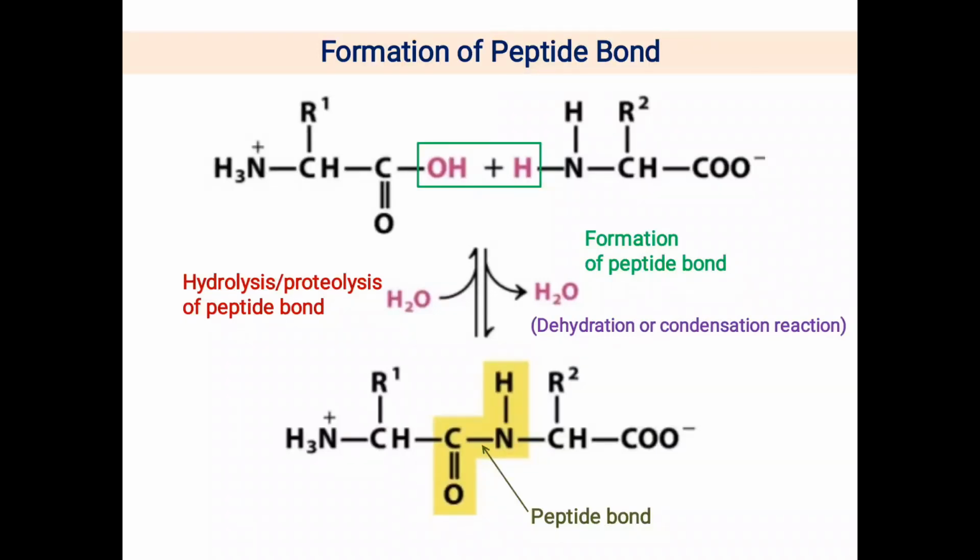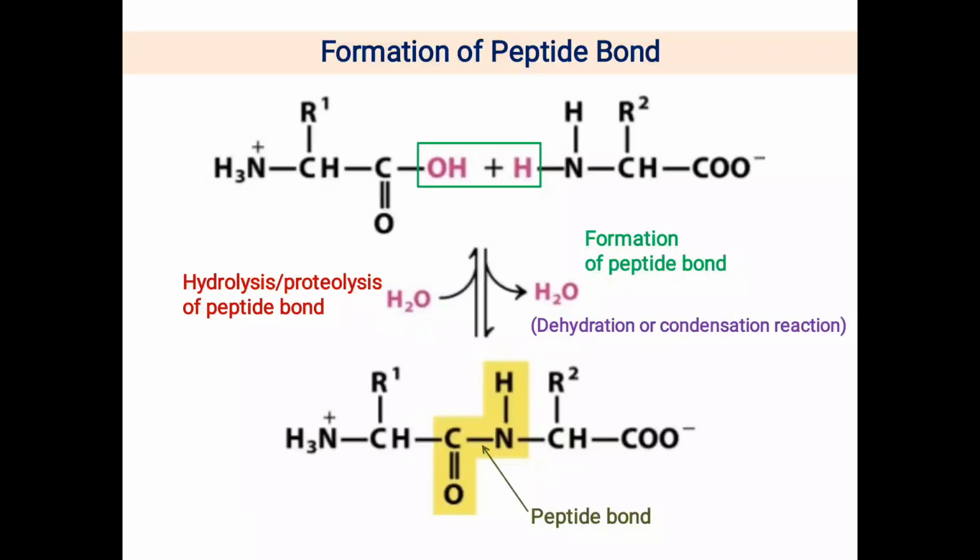As we know, each and every amino acid has two main functional groups, an alpha amino group and a carboxyl group, which are connected to the central alpha carbon atom, and these functional groups are very important in the formation of peptide bonds to form a peptide or polypeptide chain.